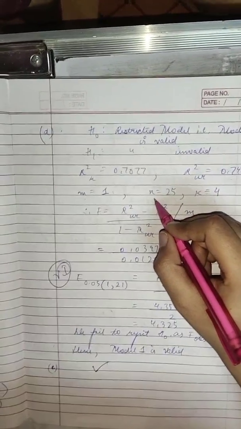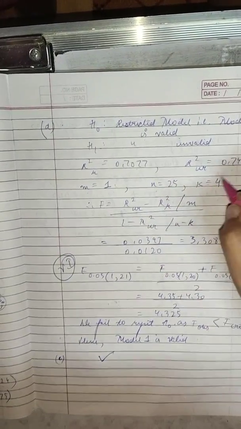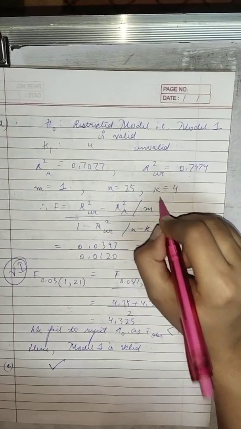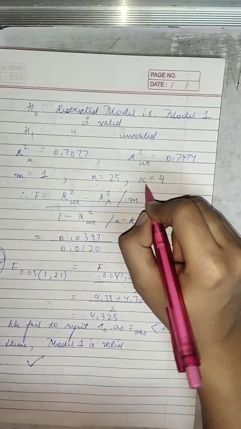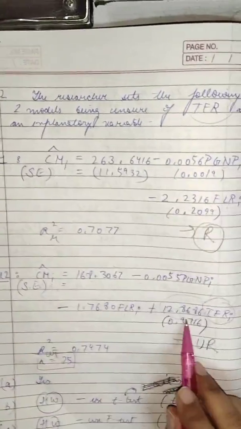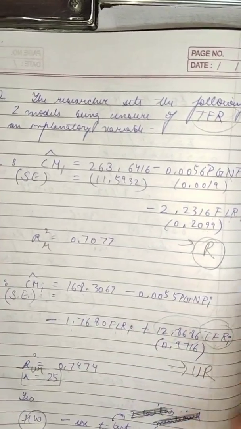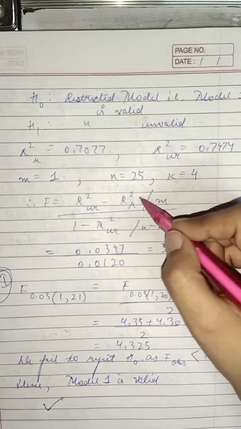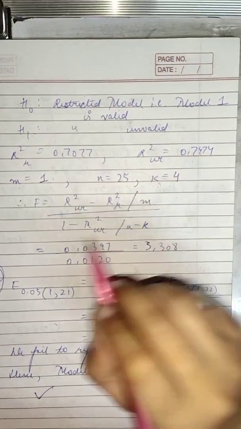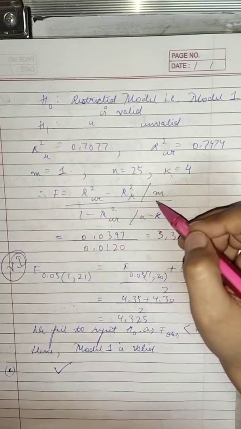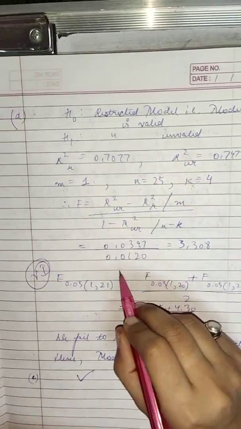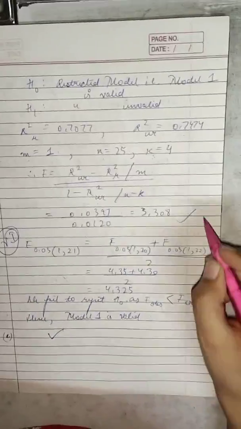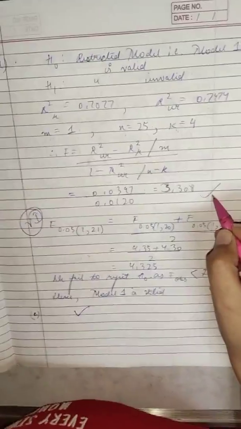Sample size N is 25. Number of parameters in the unrestricted model, K, is 4. How 4? Beta 1, beta 2, beta 3, beta 4. So there are 4 parameters. F stat is R square unrestricted minus R square restricted divided by M, upon 1 minus R square unrestricted divided by N minus K. Simple mathematics, substitute, and you'll have 3.308.